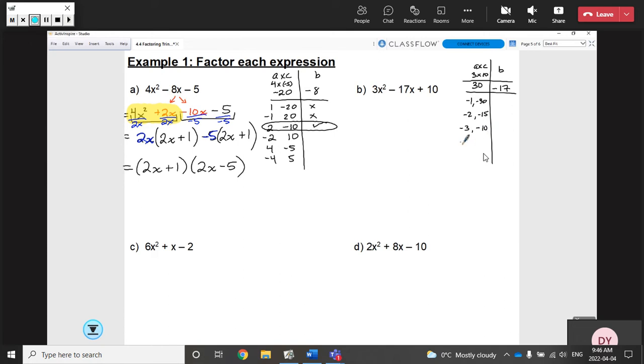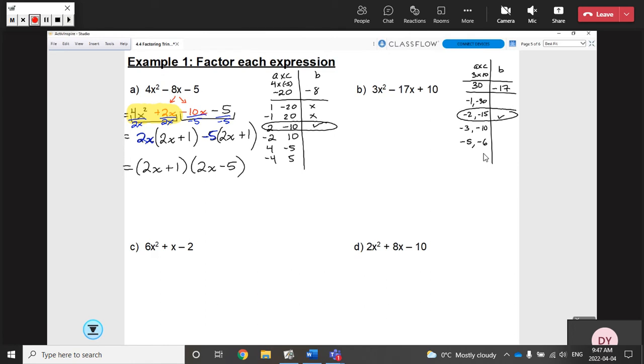Negative 5 and negative 6. And then I think we just go backwards from there. So which one of these will add up to negative 17? I think it's this one right here. Negative 2 and negative 15.